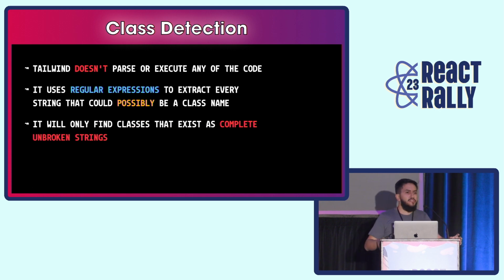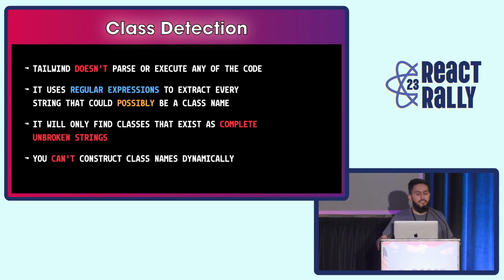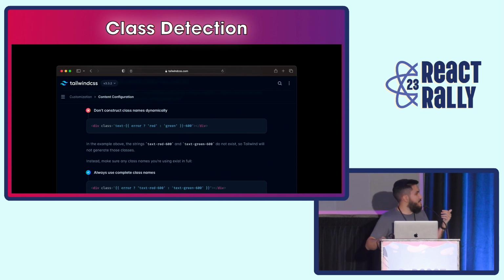Because of that, it's only going to find those class names that are complete unbroken strings. And the bottom line here is that you can't really construct class names dynamically, which is a fairly common thing to do in a lot of React apps. And if you check their official documentation, you will even see them highlighting that.